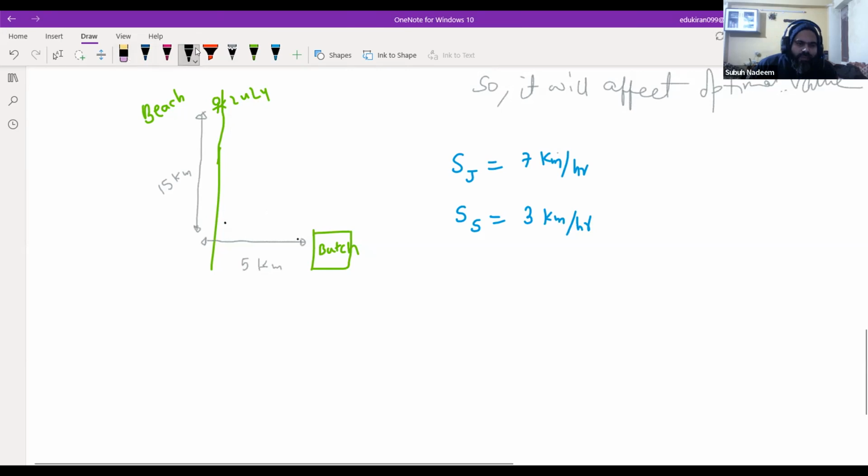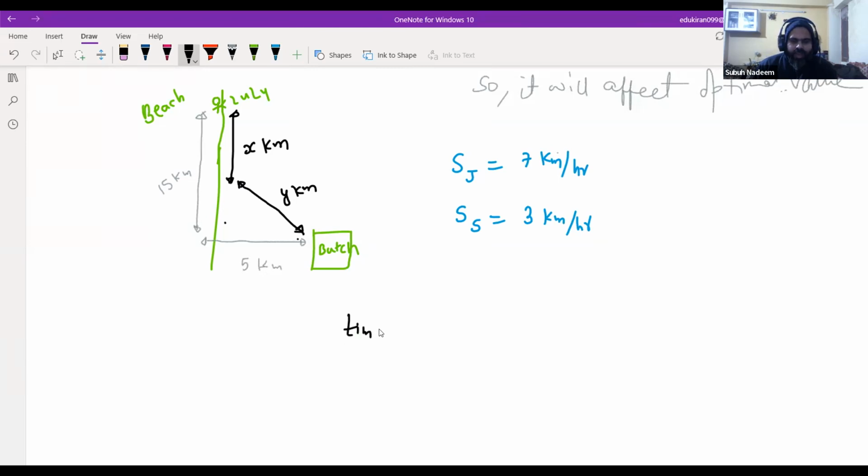So we will take a variable x kilometer for jogging along the beach. Is this clear? And here, this is y kilometer for swimming. Now two variables are here, x and y. So first let us find the function which is to be optimized. The function is time.